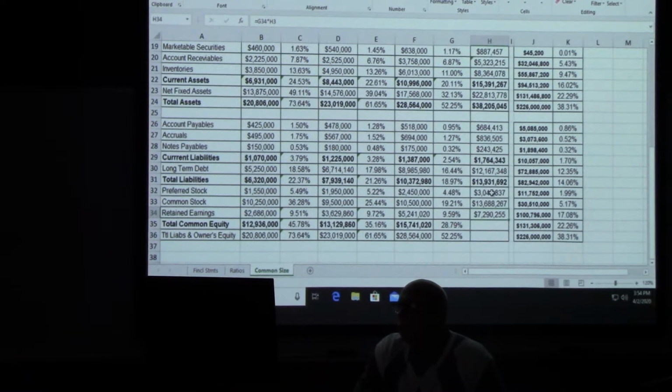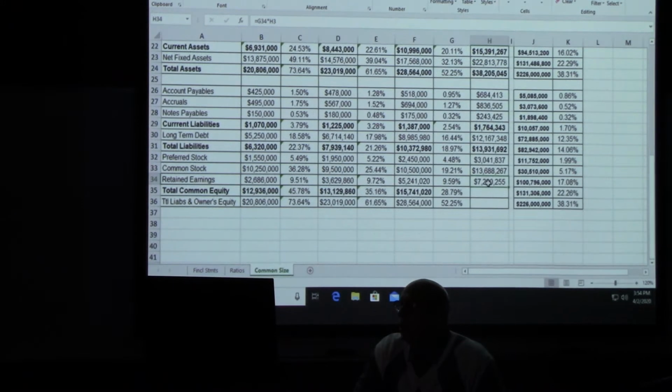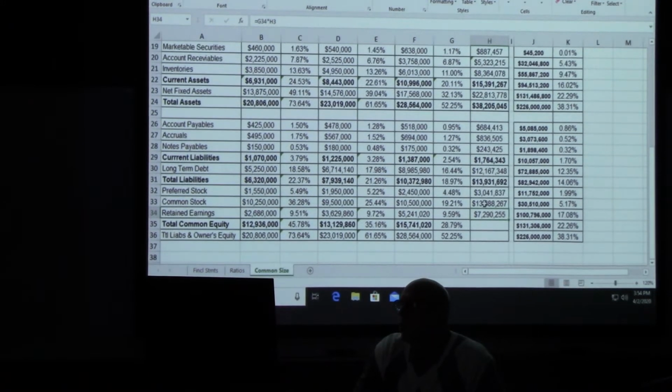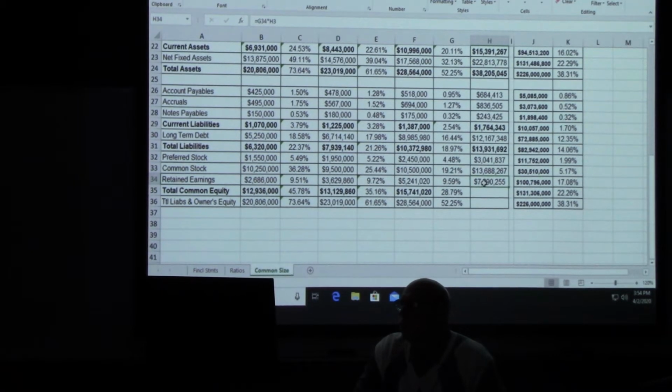We need to bring this, let's see. So we need our retained earnings number to increase. To do that, let's see, we're off by $500,000.